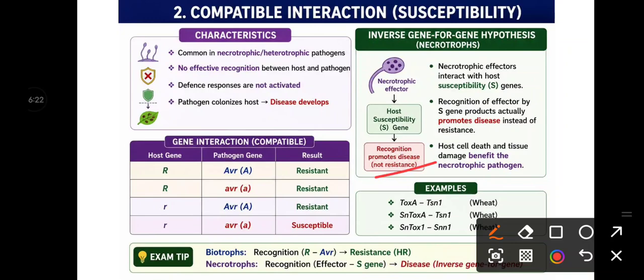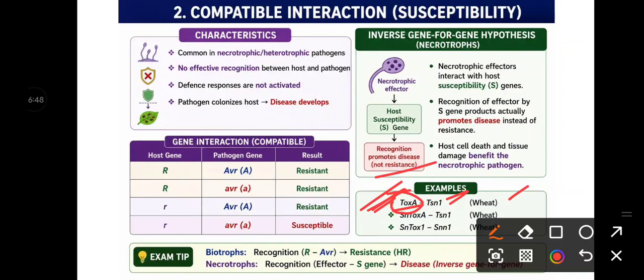Okay, the best example is this one in case of wheat, Tox A. This is a susceptible gene present in the host, and this is an AVR gene which actually interacts with this susceptible gene, and ultimately necrosis occurs.